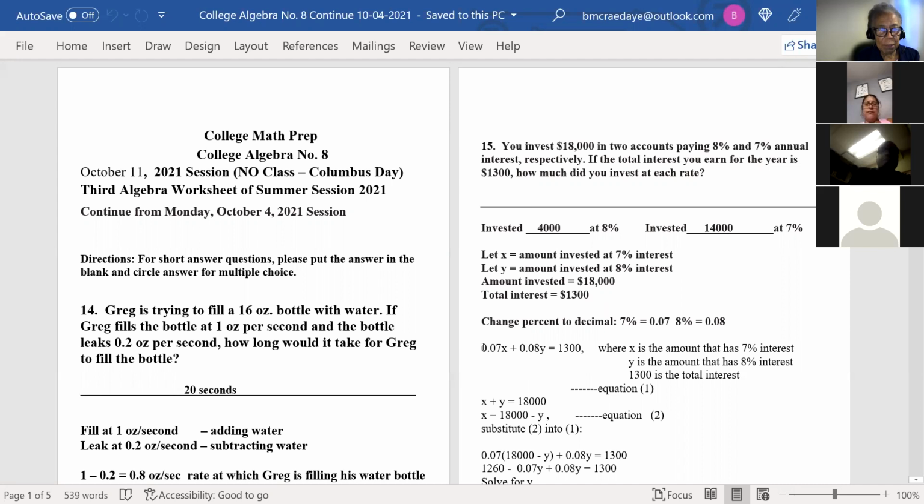So for the 7% it is 0.07 times X, because X is the amount he invested at that percent. But the 8% is 0.08 times Y, because Y is the amount he invested at 8%. And we know that total came to $1,300 interest for the year.